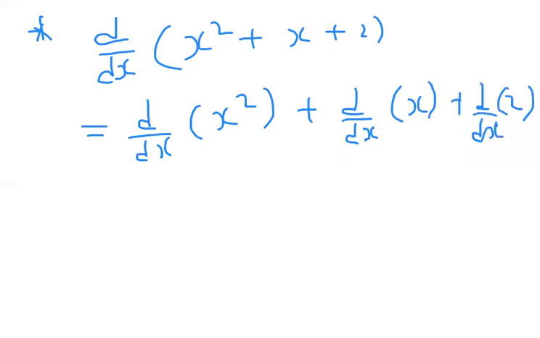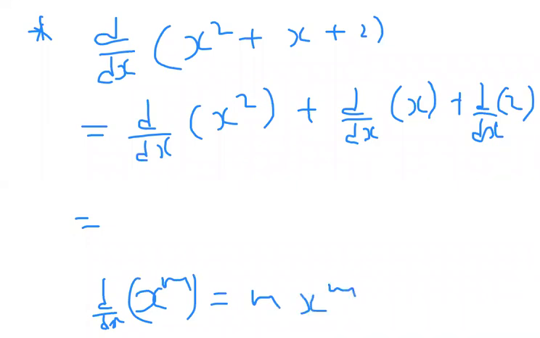First of all, observe the first one, d by dx of x square. x square means we can write it as 2x. Why? How do you know, sir, 2x? Because our formula is differentiation of x power m is m into x power m minus 1. So I can write 2 into x power 2 minus 1, plus dx by dx, I told it is 1. And differentiation of a constant is 0.